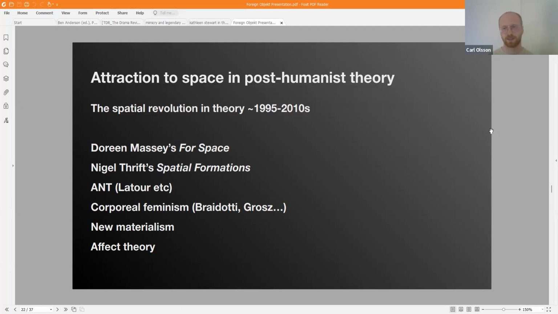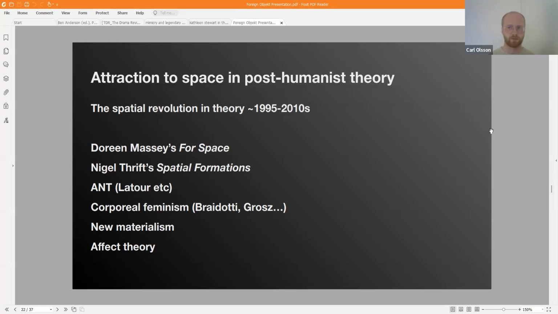And also an important inspiration is what's been called corporeal feminism, which comes out of the work of Rosi Braidotti and Elizabeth Grosz, for instance. They serve as really important influences for these ideas, at least in geography, that are a little bit more methodologically oriented. And I think this is important, the way that they're cashed out in attempts to do research.